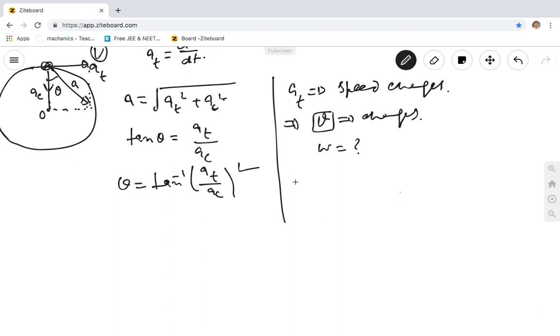When the particle moves in a circle, it cuts an angle about the center, and the rate of change of that angle is omega. Now we know speed is equal to r omega. This means that if the speed changes, omega should also change if r remains constant. So in non-uniform circular motion, angular velocity also changes.